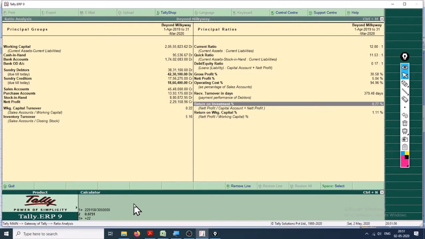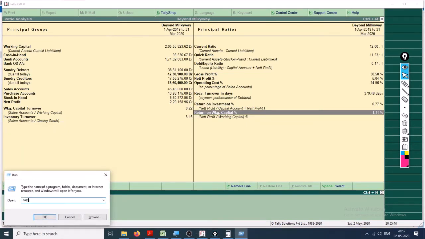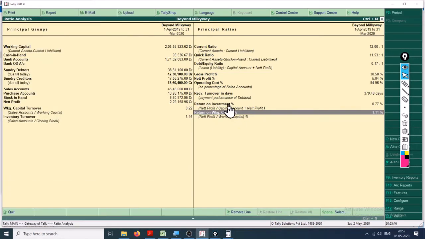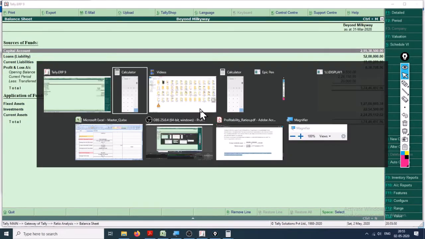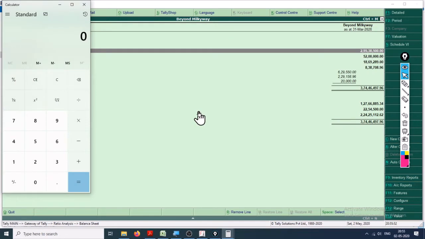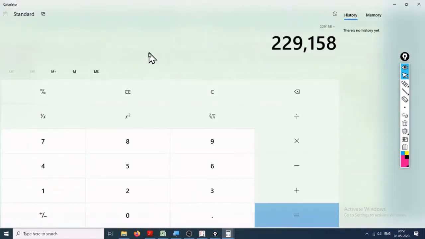Okay, let it be as it is, and let's open our calc and I'll show you. Then go to this figure, that is net profit upon capital account is our return on investment. Obviously 229158 is our profit, divided by the capital right here. How much is the capital? 295.